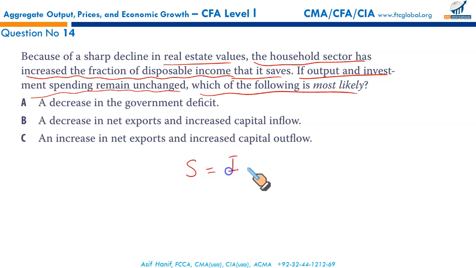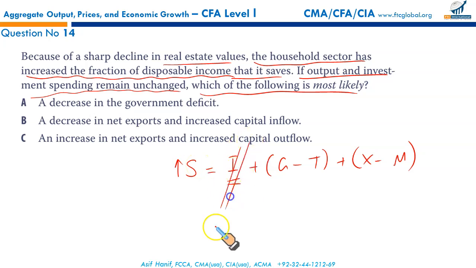S is equal to I plus G minus T plus X minus M, net exports. Since savings have gone up, there is no change in investment out of the equation. A decrease in government deficit? A decrease wouldn't make the equation balanced, so it has to be an increase. Decrease is not the correct option here.